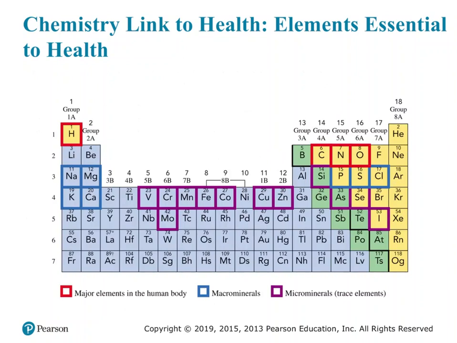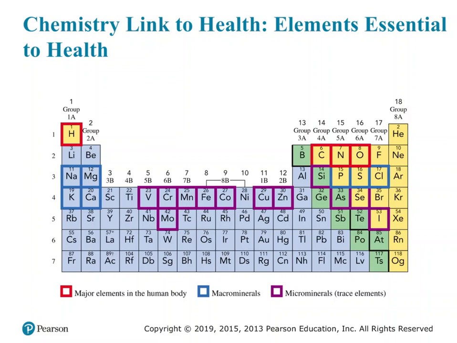This periodic table highlights the different elements that are essential for our health. In red, you'll notice hydrogen, carbon, nitrogen, and oxygen. Those are the 4 major elements in our body, or our bodies. We don't all share a body.